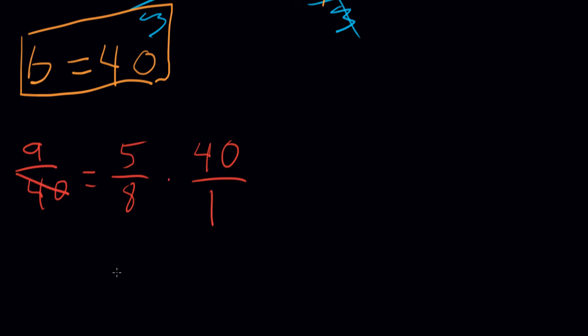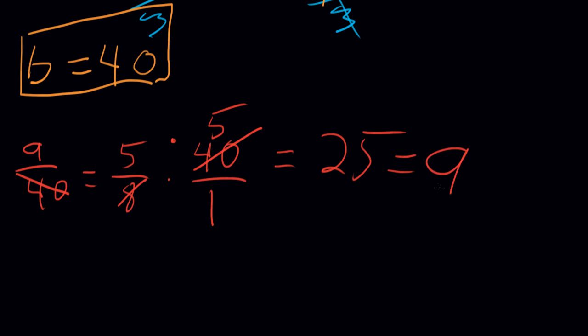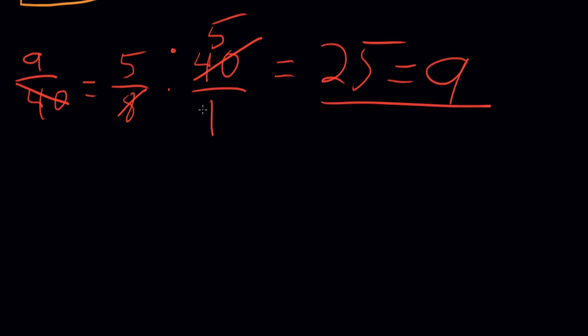On this side, it's going to cancel. I should have left myself more room to write that. On this side, well, if you think about it, 8 goes into 40 5 times. So I'm just 5 times 5, which equals 25. I've got nothing over here, so that equals A. A equals 25. So there's my other number, my other variable.